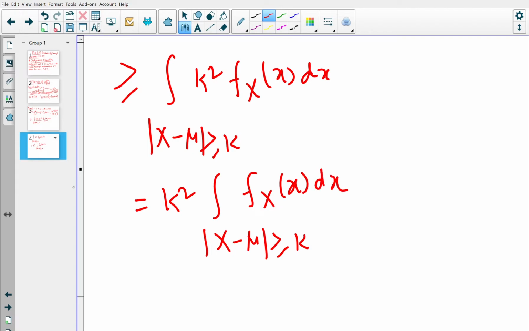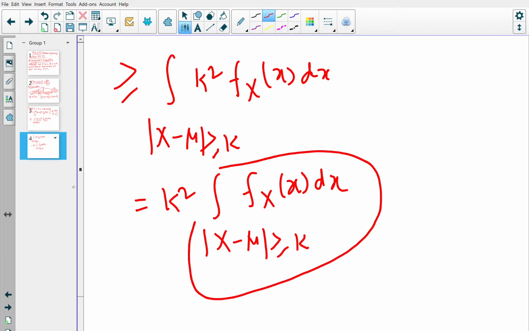Now I hope you can remember what this integral is.